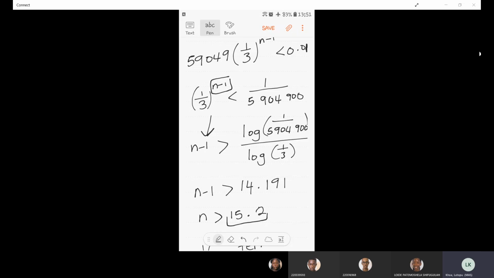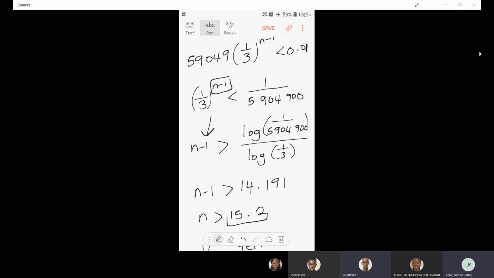Oh, so ma'am, after that, to get n minus 1 on its own, you divide by log of 1 over 3 on the other side? Yes. And then you work it out using the calculator, and you take the negative 1 to the other side, which is how you got 15.2. Yes. Okay, well, thank you, ma'am.